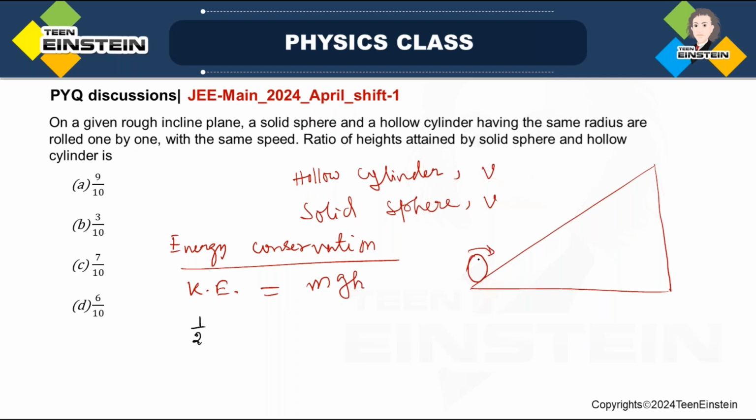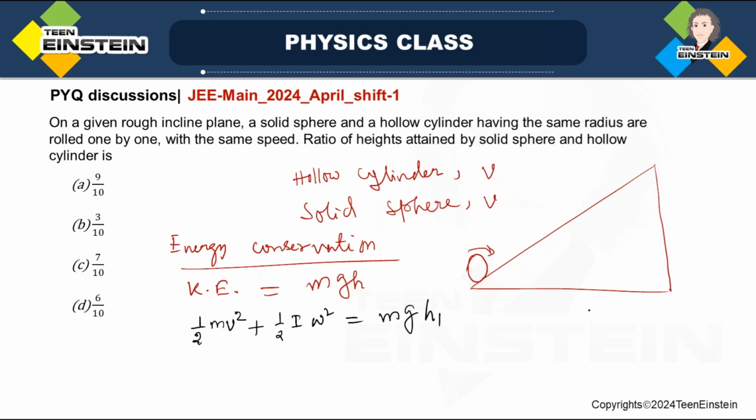For a particular object, I can write half m v square, that is the translational kinetic energy, plus rotational kinetic energy, half I omega square, and that will be equal to mgh. Let us say this is for sphere, mgh1.